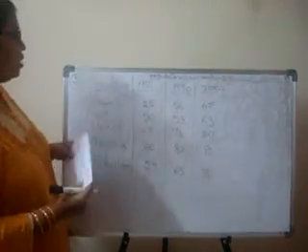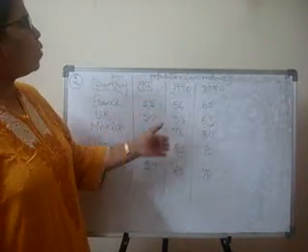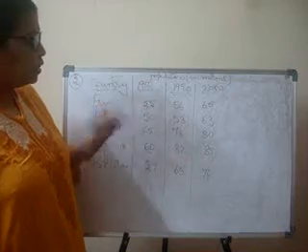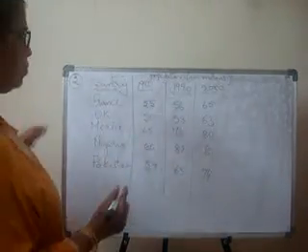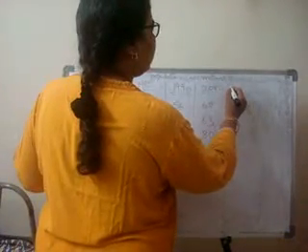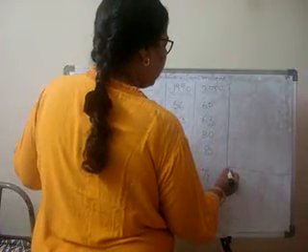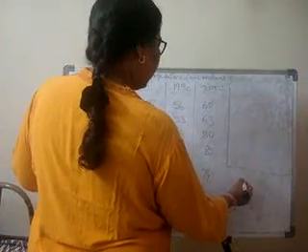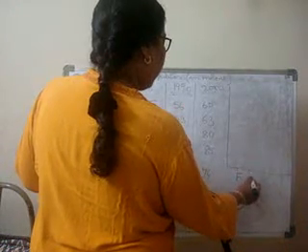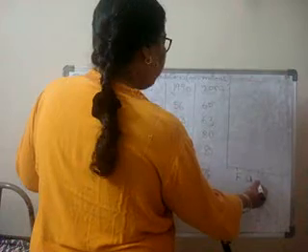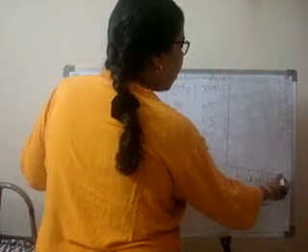Now here they have given countries and different time periods with their population. Now how to show it in a graph? Here we will put the countries: France, UK, Mexico, Nigeria and Pakistan.